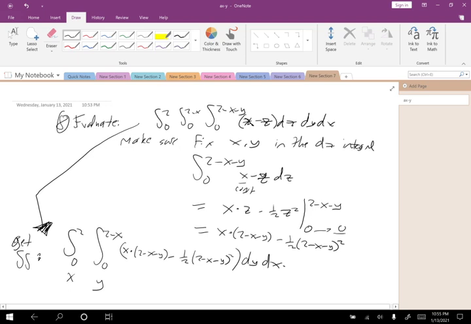Okay? And so this part, I mean, it's a quadratic, so it is doable. It's kind of tedious. But really, again, what you do is you fix x, and you integrate in y.